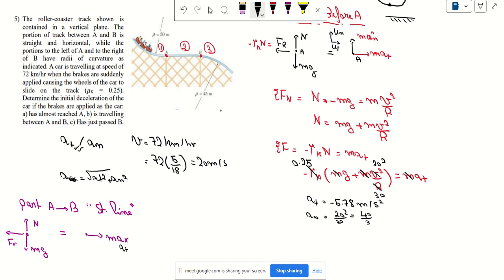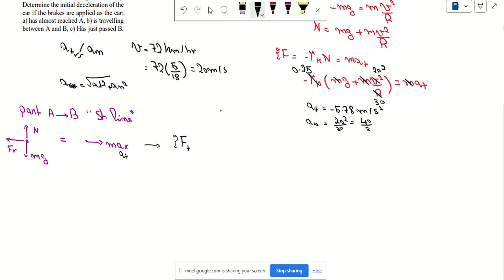From this, in the summation of F_t, let's say t, to have consistency in the samples, you will find that the friction force, which is mu_k times N, is equal to m a_t, and from the summation of F_n you will find that N is equal to mg.